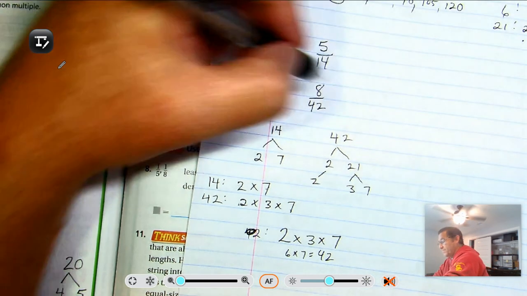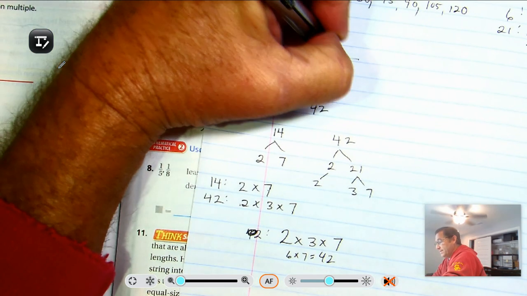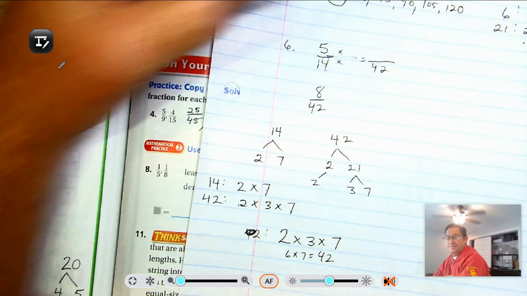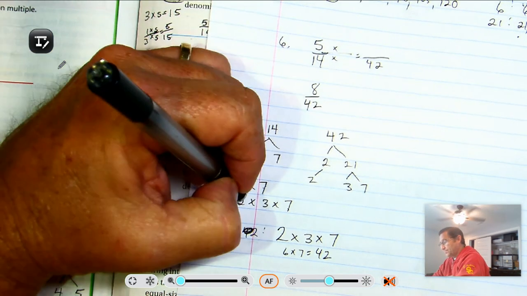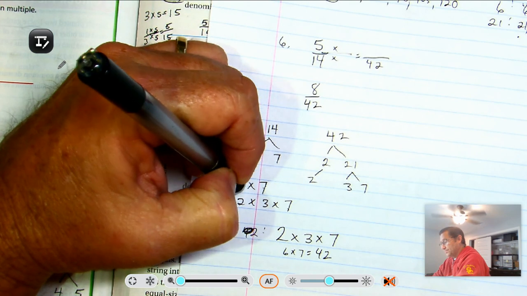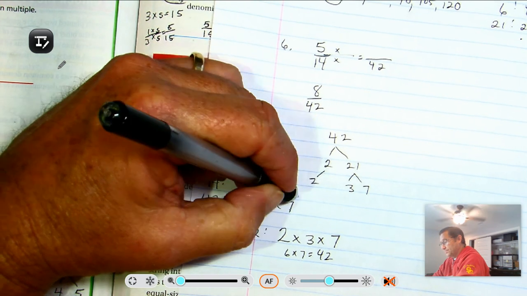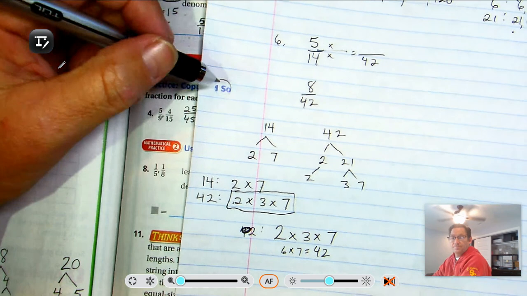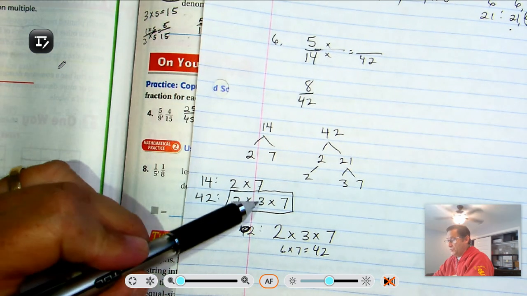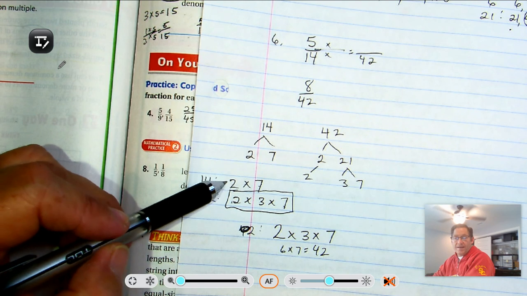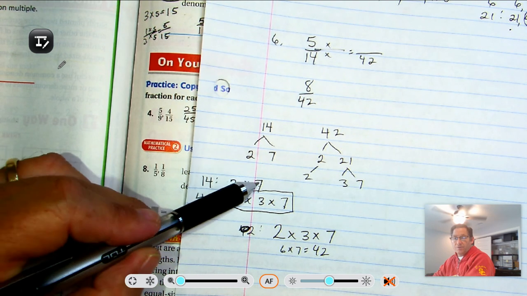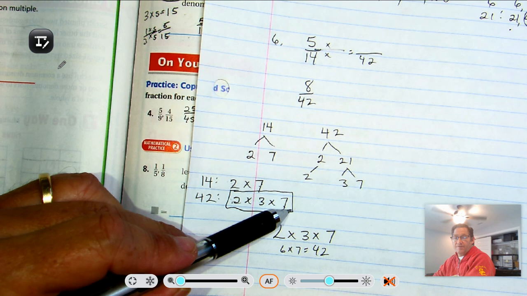All right, so 5/14ths times what would give me 42nds? Okay, in other words, we're using the 2, 3, and the 7. And we're not going to duplicate the 2 because it's already here, and we're not going to duplicate the 7 because it's already here.